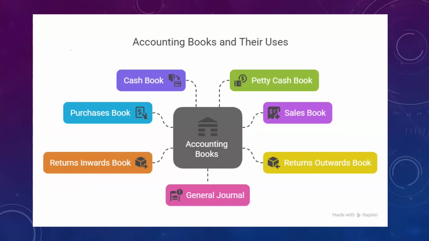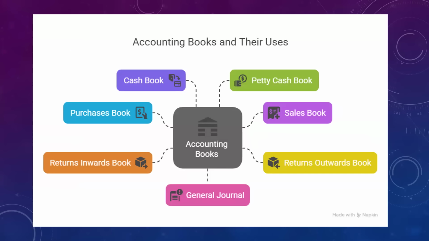So these are the 7 books of original entry. And each of them records something different. Who could tell me what the sales book records? Anybody? What does the sales journal or sales day book record? Yes, Alyssa.